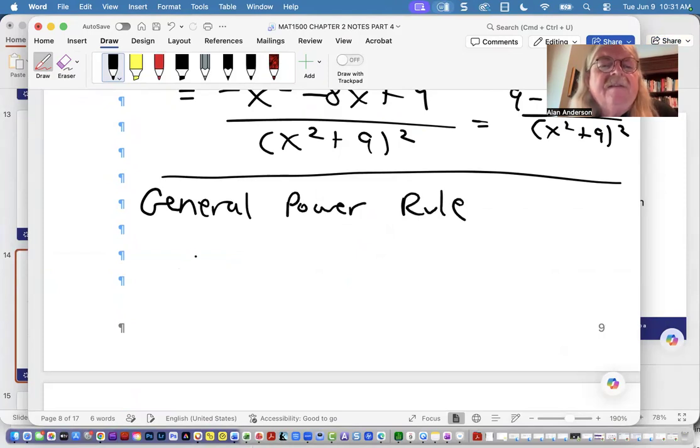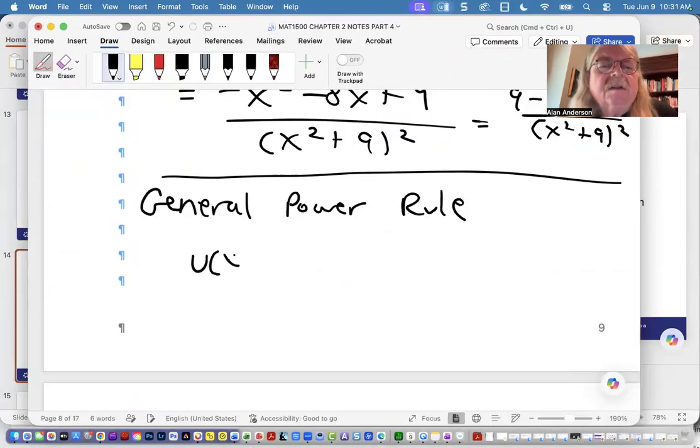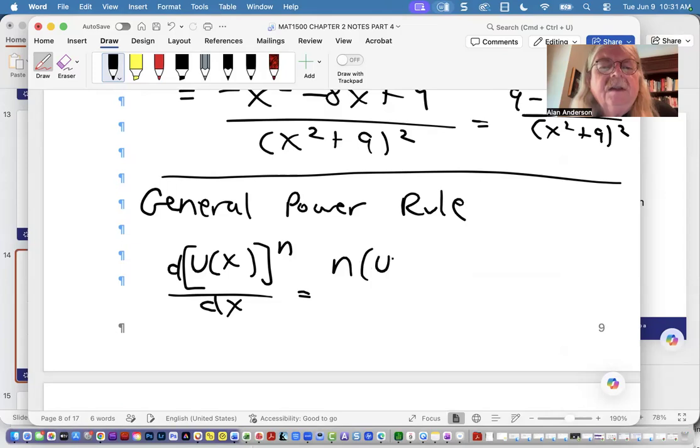So if you have u of x to the n power, you're going to have n u of x to the n minus 1. But then we also need either u prime or du dx.